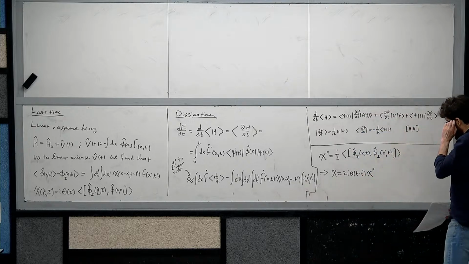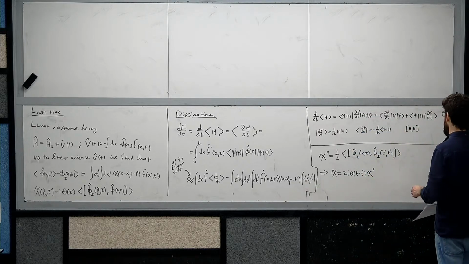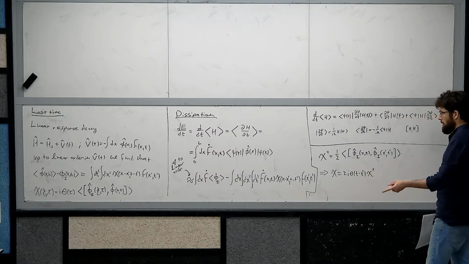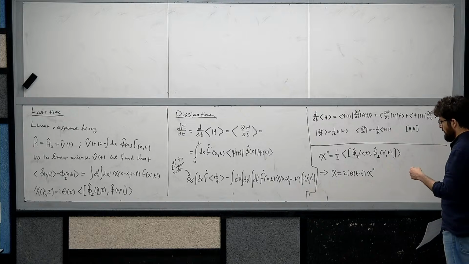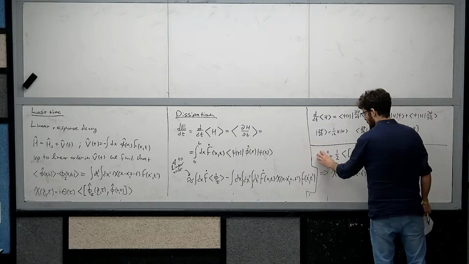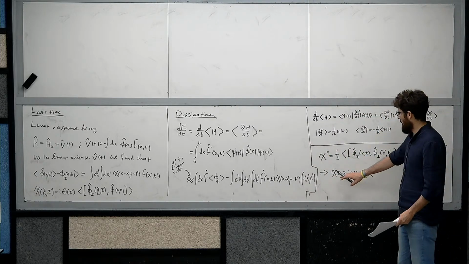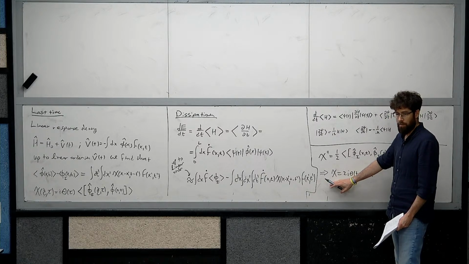That's what we get. Today we're going to see that this chi double prime is actually, in Fourier space, let's say I transform chi double prime and chi to Fourier space, then chi double prime is the imaginary part of chi.